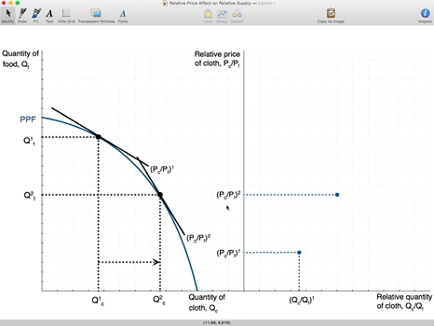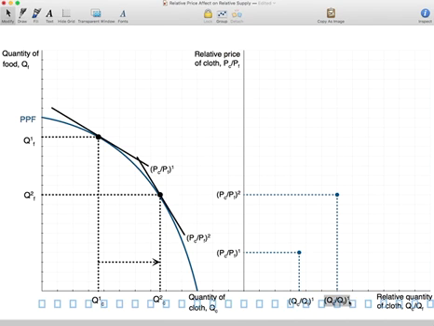So we have an increase in the price and the increase in the relative price. And what did the increase in this relative price cause? It caused an increase in the relative quantity of cloth produced relative to food produced.